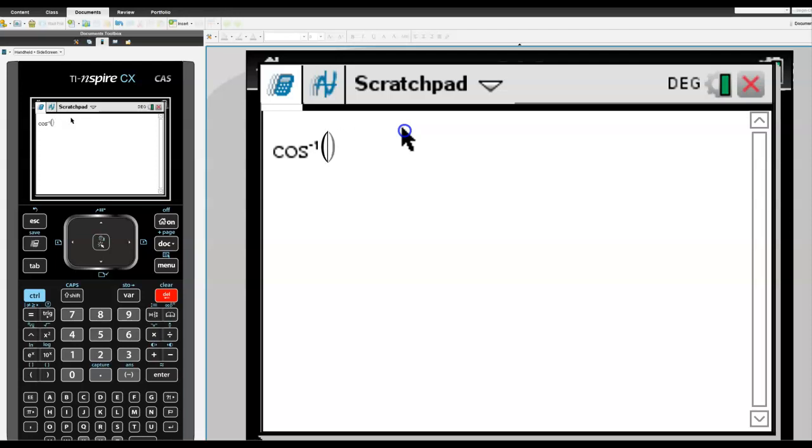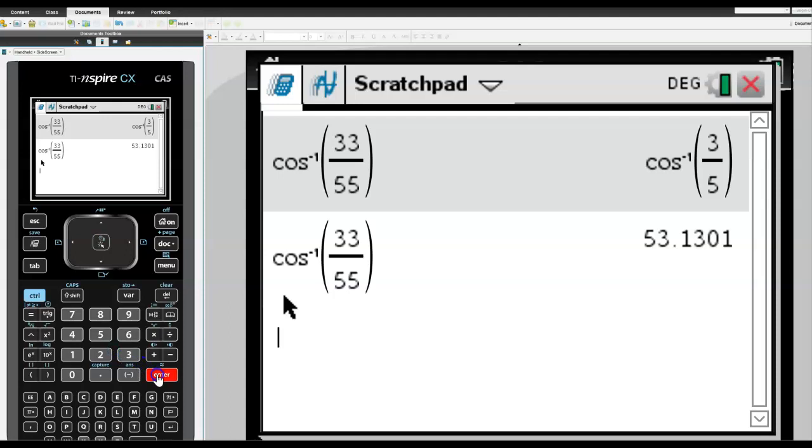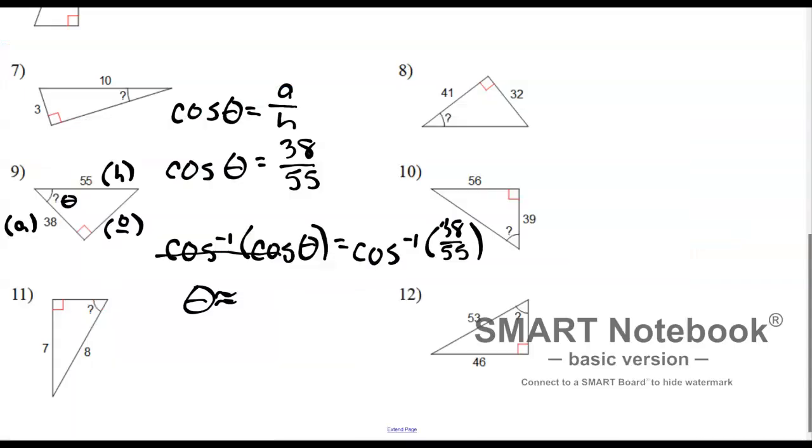All right. Kind of went crazy on me there. So what was it? 38 over 55. Enter. Okay. Now we have this expression here. Because it's given us an exact answer, we hit Control Enter, and it'll give us the equivalent, which is, we'll say 53.1.